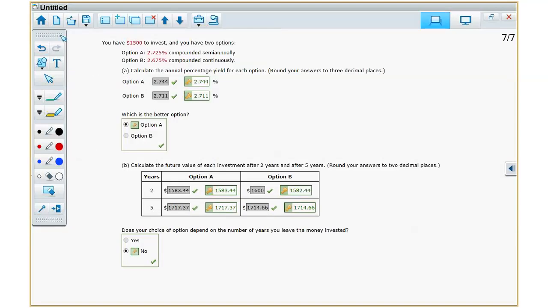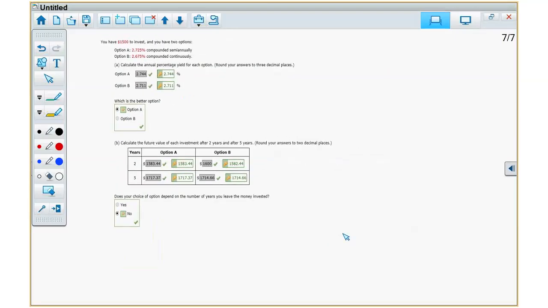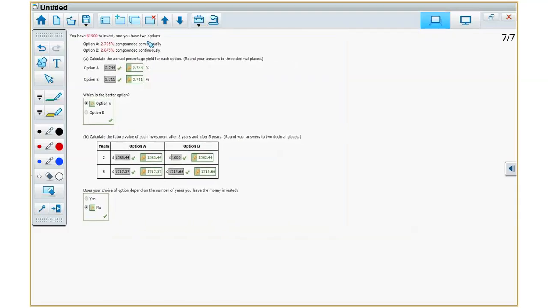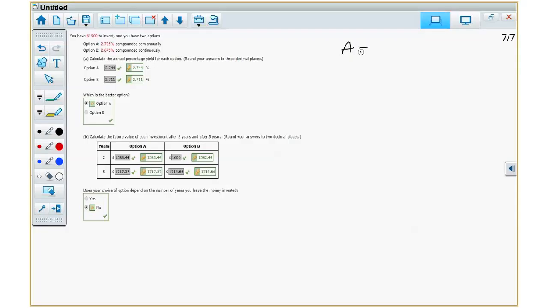All right, there's our question. And I'm gonna make it a little bit smaller. Move it over a little bit. So, A is equal to P times 1 plus r over n raised to the nt power.